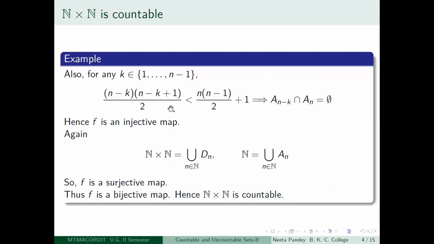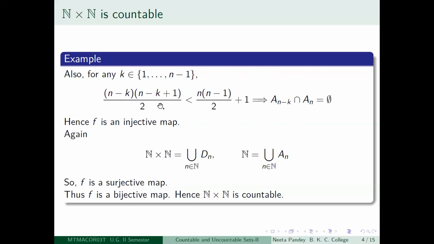This is quite straightforward, because the maximum value it will have is when k is n minus 1, and when k is n minus 1, then this is n, right? N minus 1, sorry, it is 1, and here it will be n minus 1.